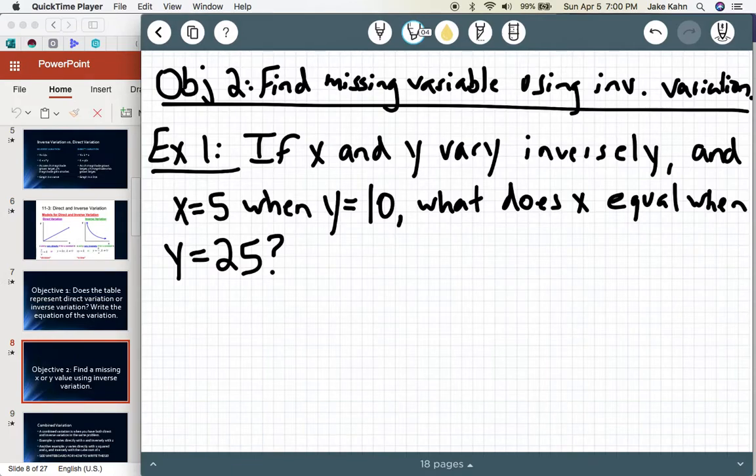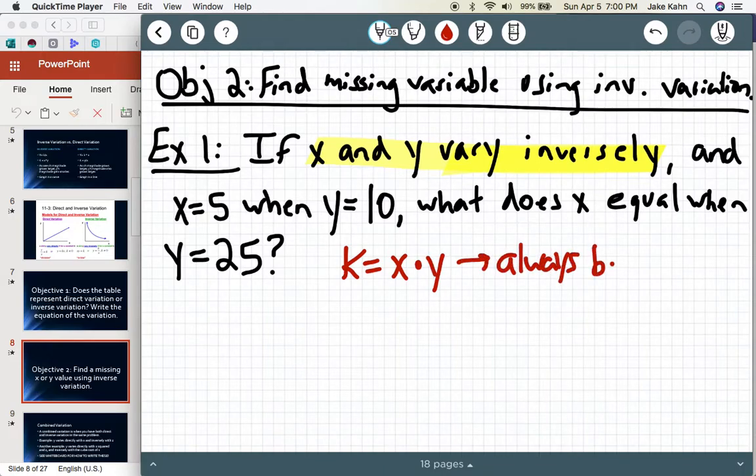All right, let me examine this here, highlight important parts. First of all, if x and y vary inversely, this means that we do have an inverse variation, which means that your k value is x times y. This will always be constant. It will always be equal to the same exact thing.